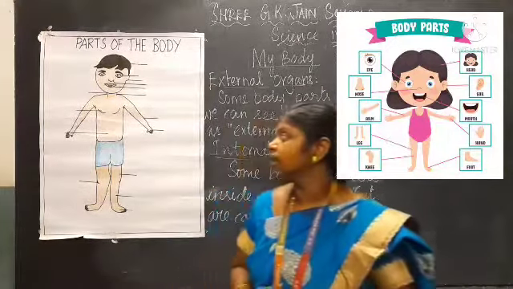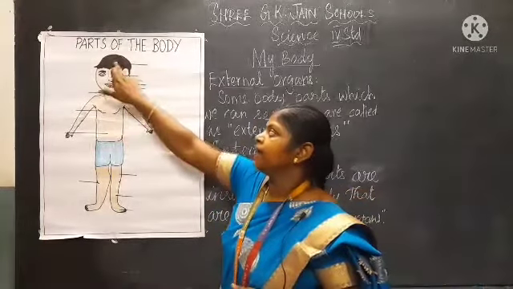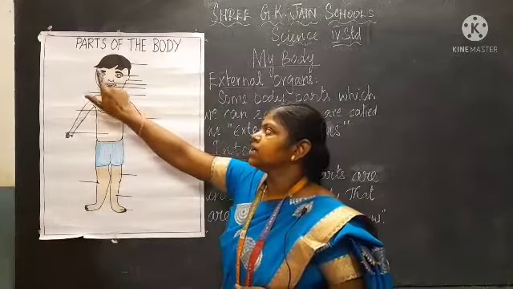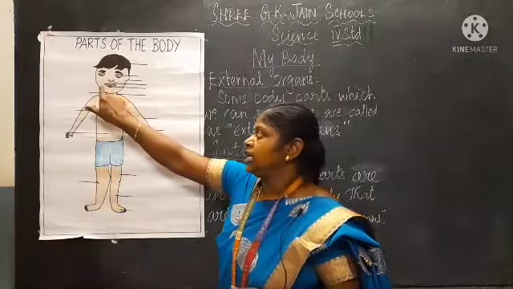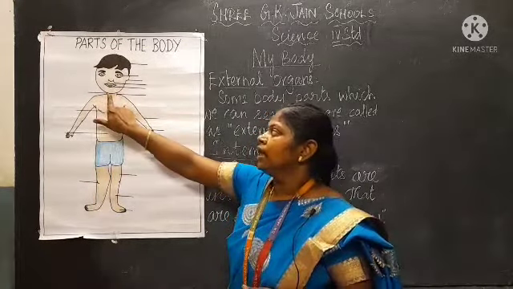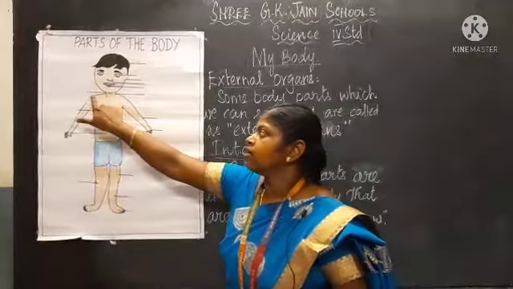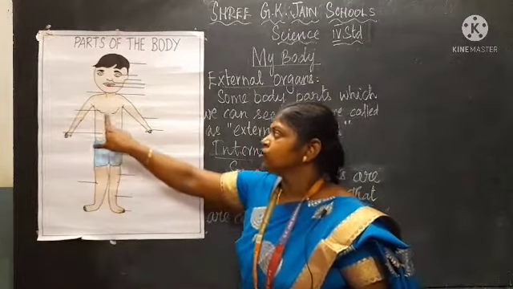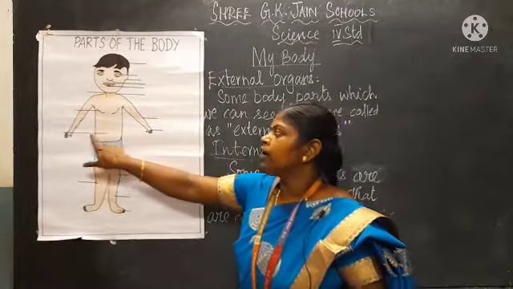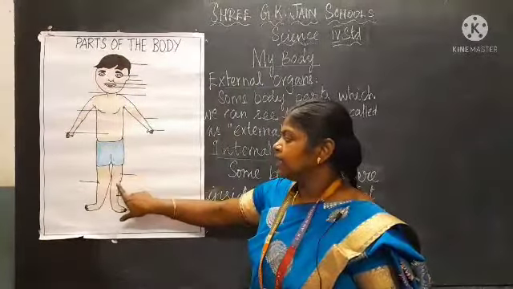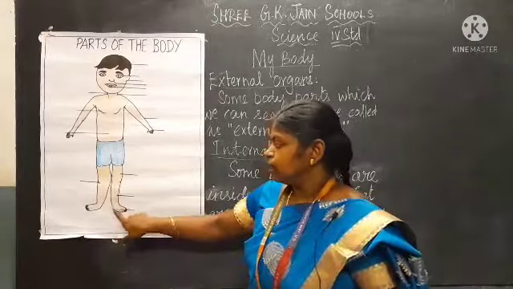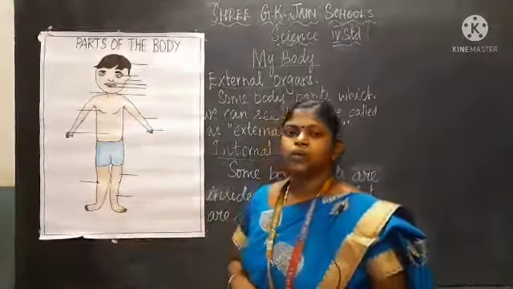External organs such as head, eyes, nose, mouth, cheek, ears, neck, shoulders, hands, chest, stomach, fingers, leg, thigh, knees, feet, toes.